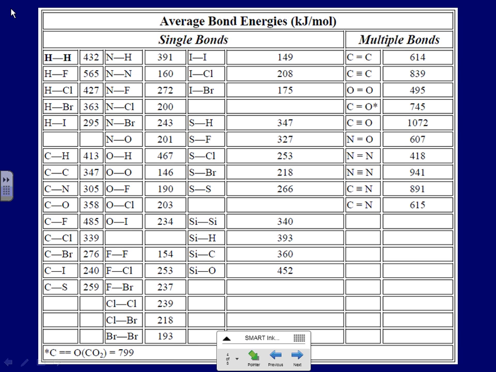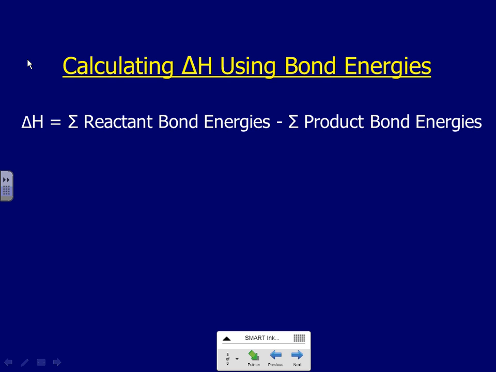All right, let's do some math that deals with these. So if we want the total delta H for the entire reaction, then we're going to add up all of the energies of the bonds that are broken, in other words, the reactant bonds. And because we're breaking apart the reactant bonds, it's endothermic.